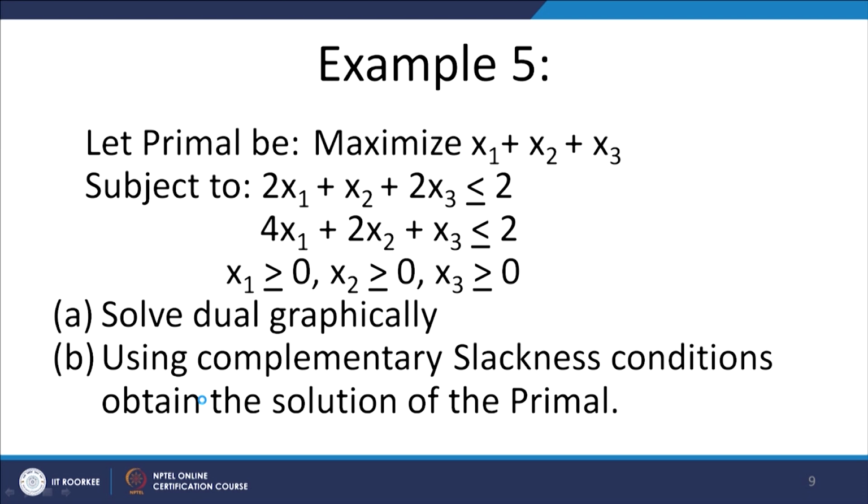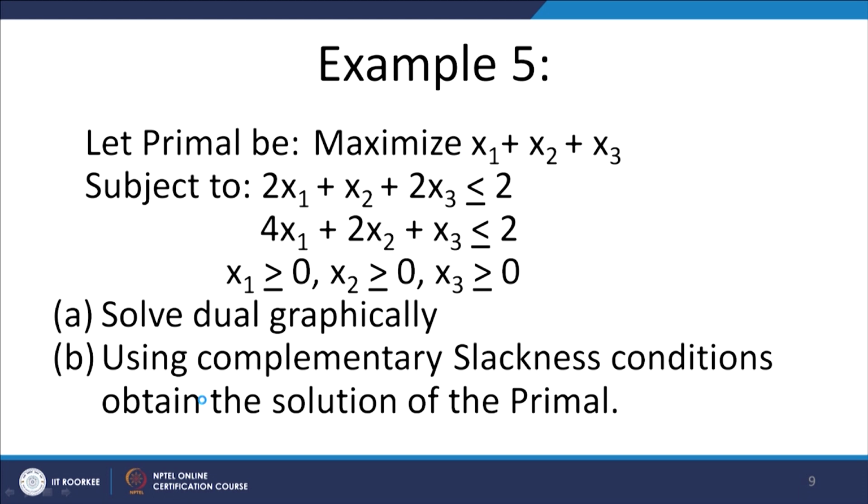First we need to write its dual, and as you can see very well that the dual will be a 2 variable problem. Also we need to solve the dual graphically. This is the A part of the question, and the second part of the question says using the complementary slackness conditions we need to obtain the solution of the primal.